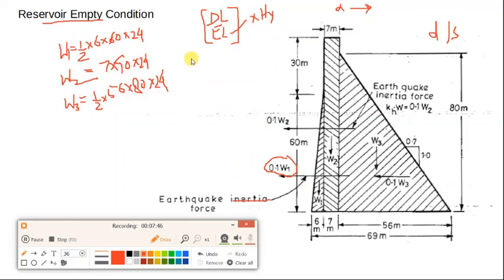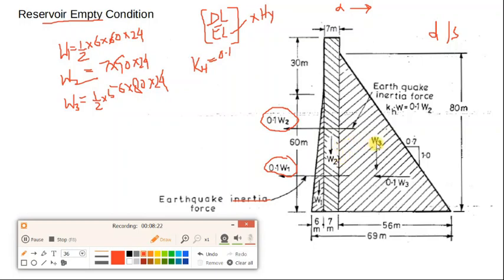Remember, the coefficient for horizontal earthquake is given as 0.1. So the earthquake inertia force for this W1 will be 0.1 multiplied by W1. For this part, the earthquake inertia force will be 0.1 multiplied by W2, acting along this direction from downstream to upstream.